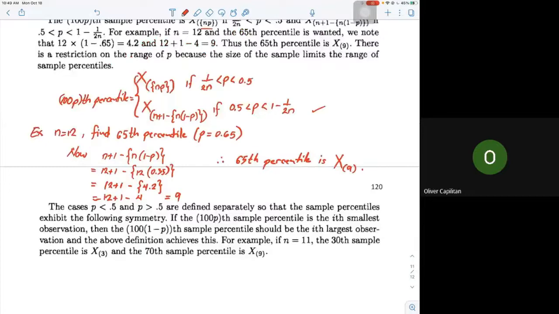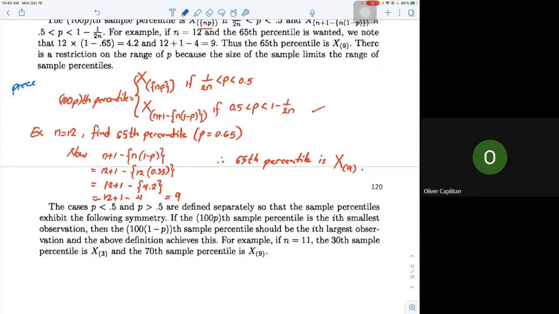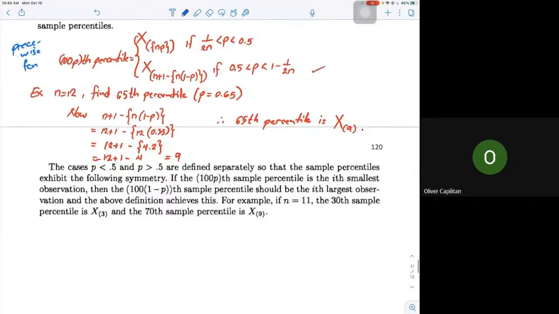It is defined separately so that the sample percentiles exhibit the following symmetry: if the 100p-th sample percentile is the i-th smallest observation, then the 100 times (1 minus p)-th sample percentile should be the i-th largest observation, because of symmetry.